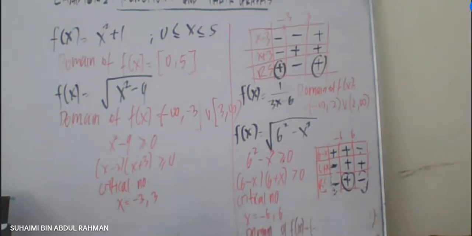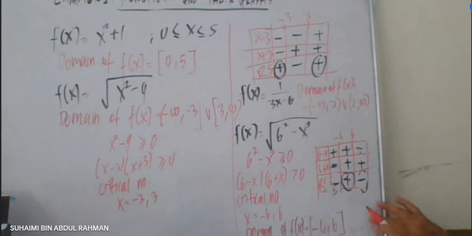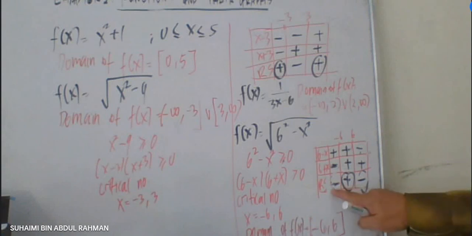Our positive is from minus 6 until 6. Sorry about that. So the domain of f(x) is from minus 6 until 6. We choose positive here.